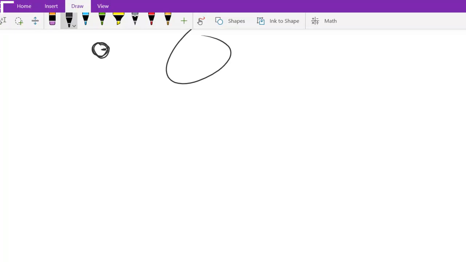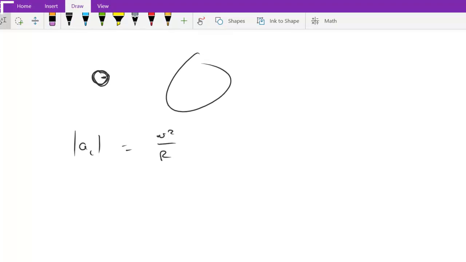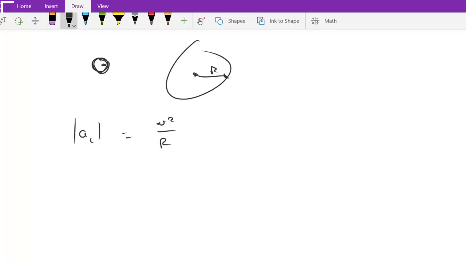So the magnitude of our centripetal acceleration depends on both the speed the object is going in that circle as well as the radius. And so our magnitude here is v squared over r. This v is not the velocity, it's the speed, squared, divided by the radius. And the radius is simply the distance from the center of the circle to the object which is rotating around.